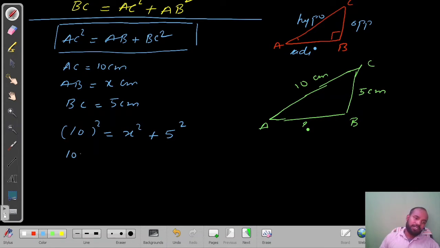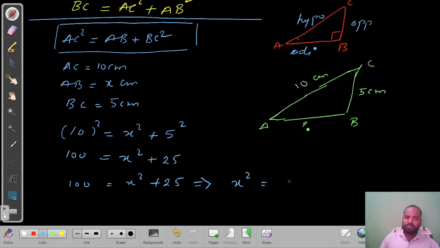10 square is 100, equal to x square plus 25. 5 square is 25, right? Now 100 equals x square plus 25. So what will you do? Send this 25 to the other side. Then x square equals 100 minus 25.